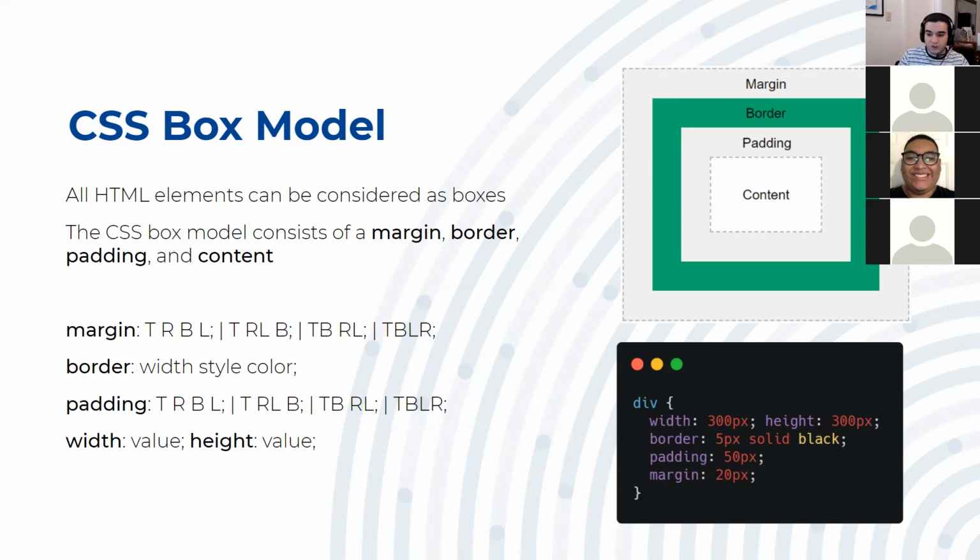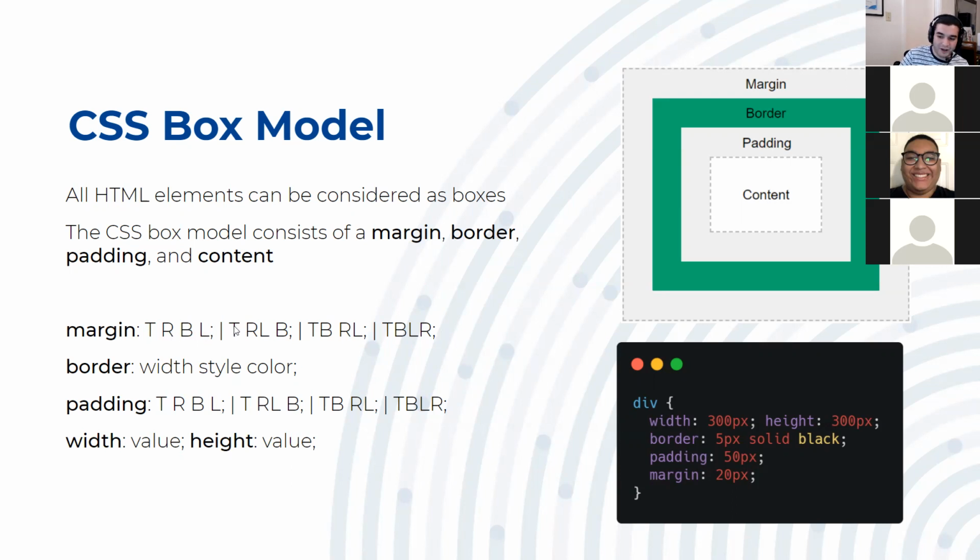And then the margin is what's used to space out elements. It's on the outside of the element, and you control the margin to space things out. Right here I have examples of how this is used. For margin, there are 4 different ways you can pass this in. If you provide 4 lengths, it's going to be top, right, bottom, left.